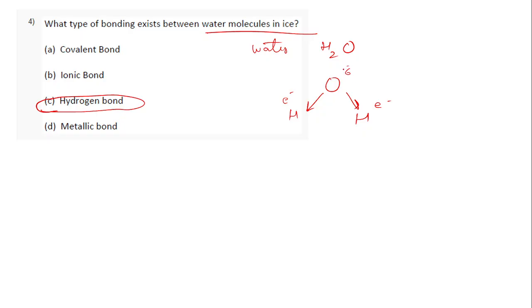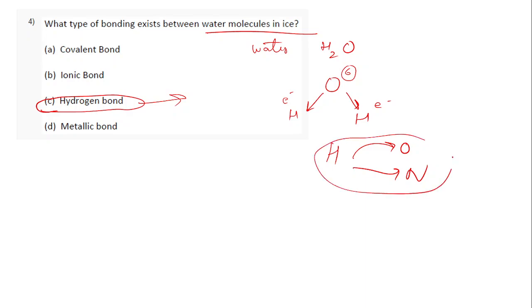It has 6 electrons in the valence shell. If it gets 2 more, it will be stable. So there is sharing between the hydrogen and oxygen, and they form very stable bonding, which is called hydrogen bonding. Usually it's seen when hydrogen bonds with oxygen or nitrogen. So that is also one way to identify.